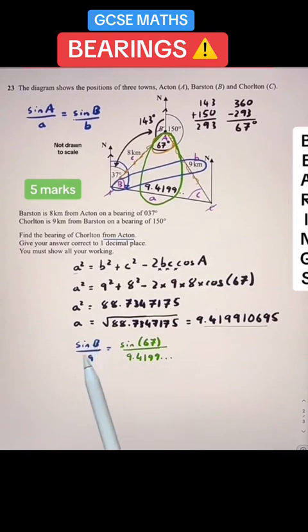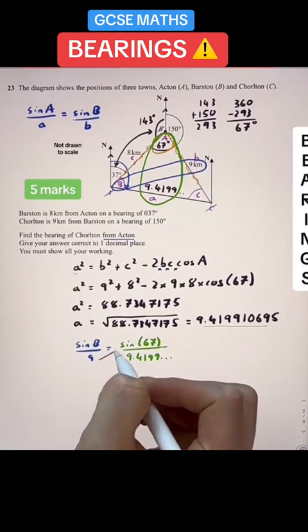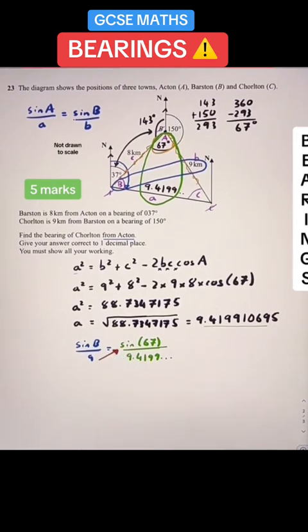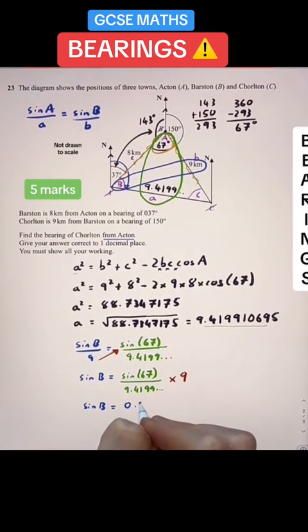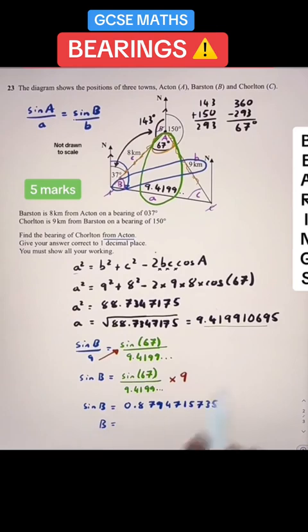As I want to find the size of the angle, I know the opposite is divided by 9, therefore I multiply both sides of our equation by 9. Leaving the left-hand side of my equation alone and substituting everything on the right-hand side into my calculator, I get sine of B is equal to 0.879. As I want to work out the size of the angle, in this case I call that angle B, I leave B alone on the left-hand side. In this case, I must move the function, sine, across an equal sign.